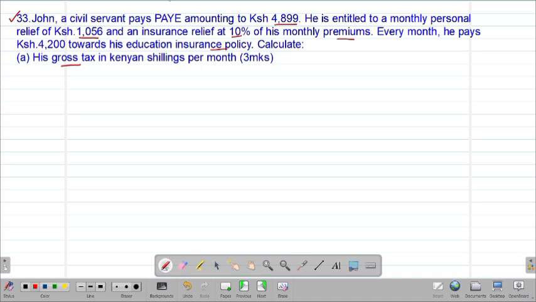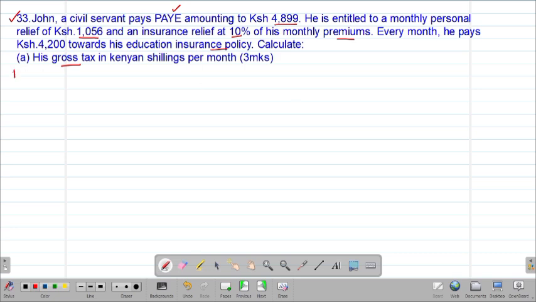So from the question, we are already given the PAYE. Then, of course, they want us to get the gross tax. Then, of course, there are some reliefs that we are already given. Now, we know that the formula connecting the gross tax, the PAYE, and the relief is the formula for the net tax.